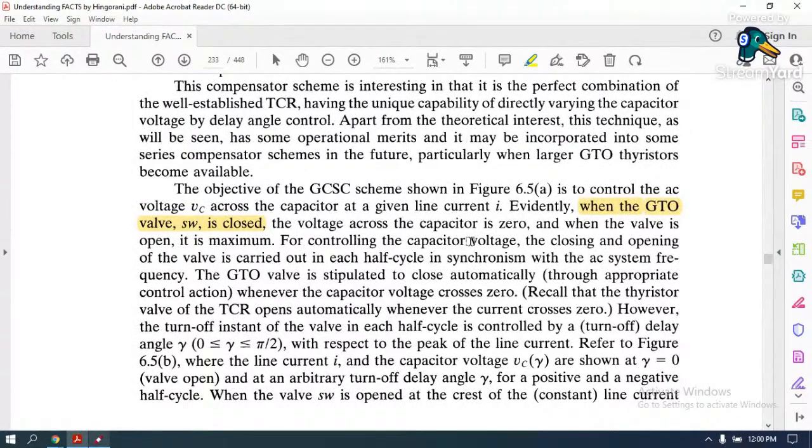For controlling the capacitor voltage, the closing and opening of the valve is carried out in each half cycle. Okay, that is done. Now the GTO valve is stipulated to close automatically whenever the capacitor voltage crosses 0. When capacitor voltage crosses 0, GTO will automatically get closed.